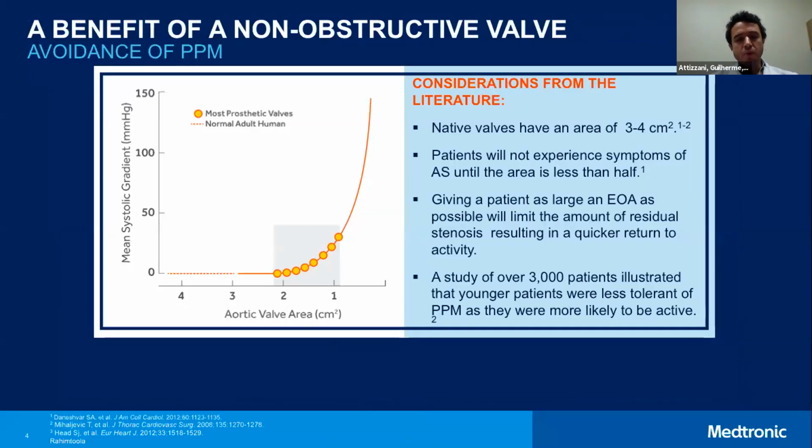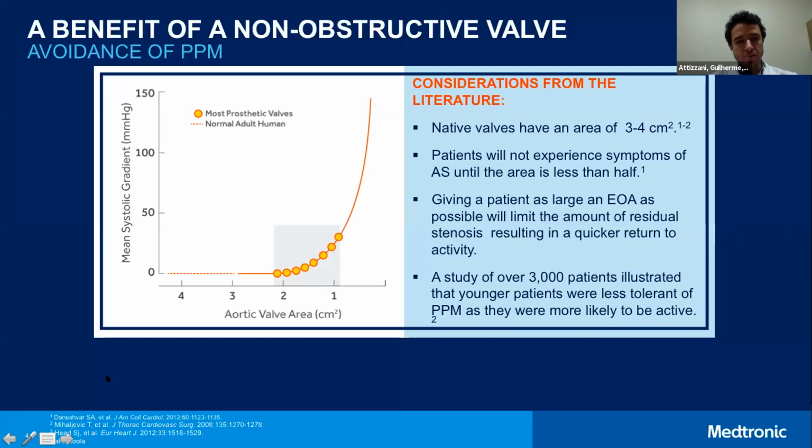I think this is a very important study, actually conducted by our colleagues across the street here in Cleveland. But basically the message here is that it is important to give patients larger EOAs, even more so when these patients are active. So the more active the patient is going to be, the better the hemodynamics of the valve you put in this patient needs to be.